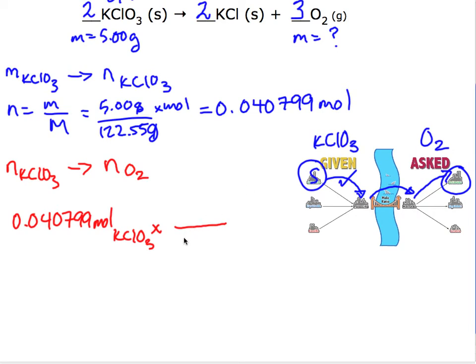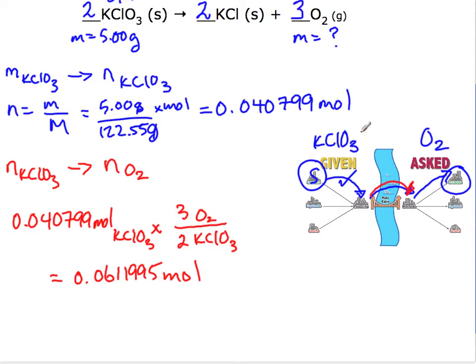KClO3 goes on the bottom, 2 KClO3s, and for oxygen, the 3 goes up top, 3 O2s. So I multiply this number by 3 divided by 2, and the moles of oxygen comes out to 0.0611995, etc. moles. Okay, so now I've gotten across the river.